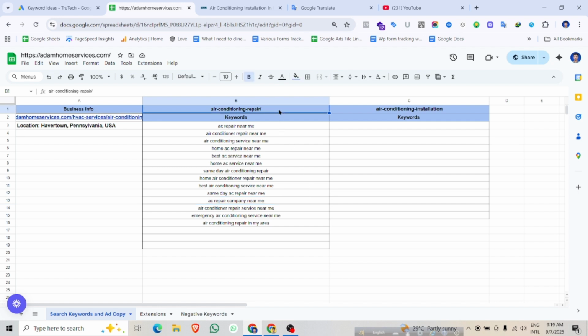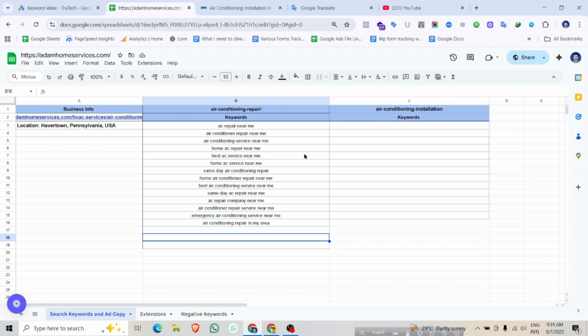When a person searches for AC repair near me or AC installation near me, these keywords can match the wrong ad group. So when they are shown an AC installation ad, your AC installation ad group shows on their mobile view. This is a negative search for this person.